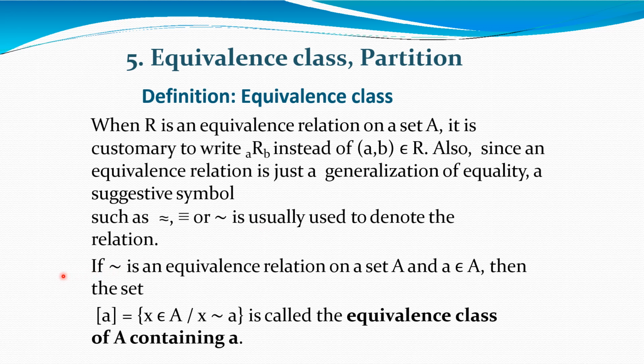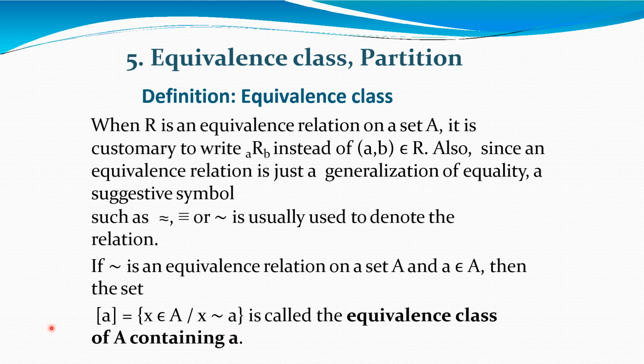Now, if R is an equivalence relation on a set A and a is a member of A, then the equivalence class of a contains elements x in A such that x is related to a. So this is called the equivalence class of the set A containing a. So what is basically an equivalence class? Whenever some relation is an equivalence relation on set A, then for every element a from that set A, we can define an equivalence class.